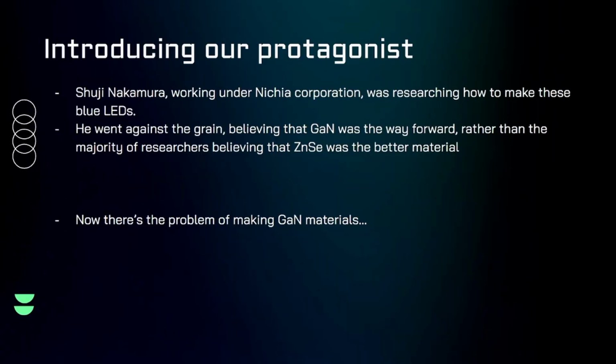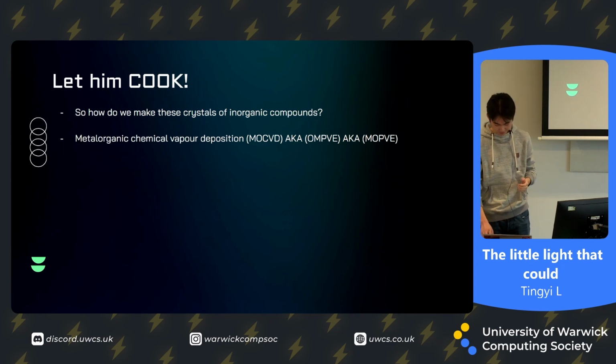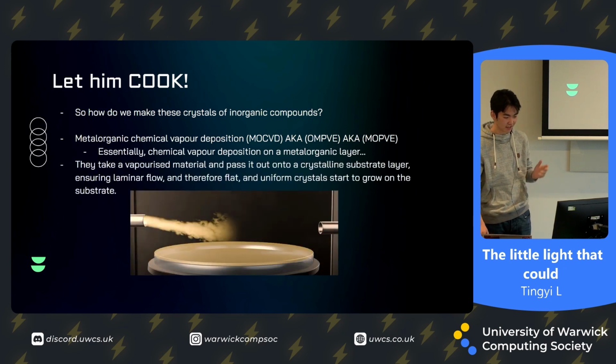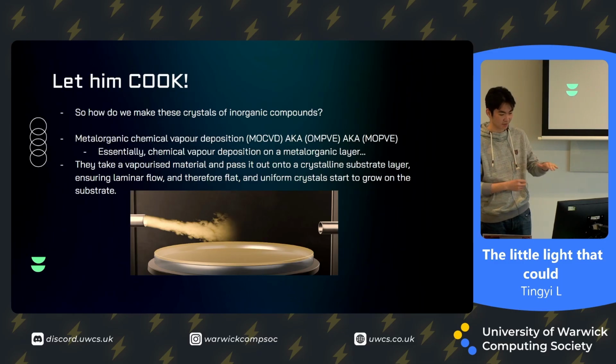Now there's a problem making gallium nitride materials. The problem was twofold. It's metal organic chemical vapor deposition, or whatever those acronyms stand for. They take a vaporized inorganic material and pass it onto a crystalline substrate layer.